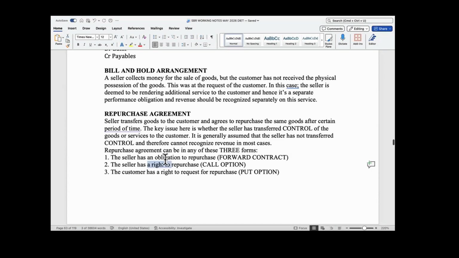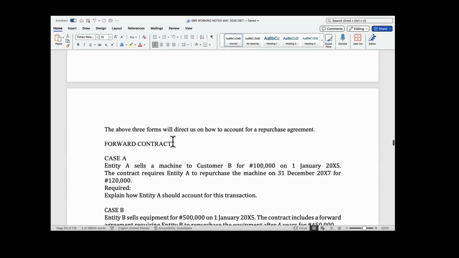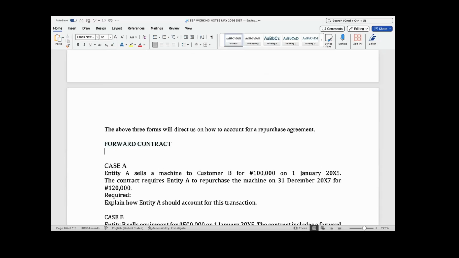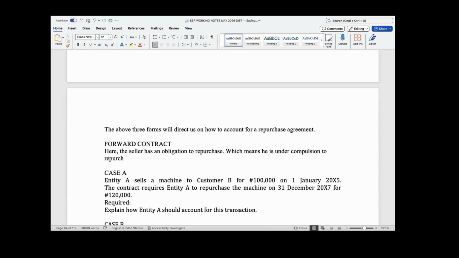So let me follow that line and explain this to you. Now, the first one is forward contracts. Here, the seller has an obligation to repurchase, which means that he is under compulsion to repurchase and cannot refuse.